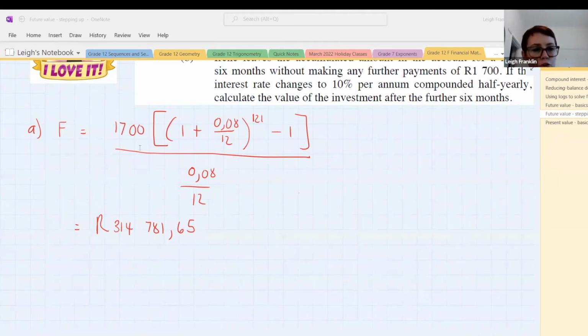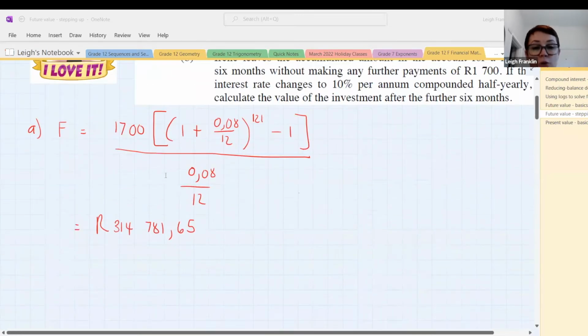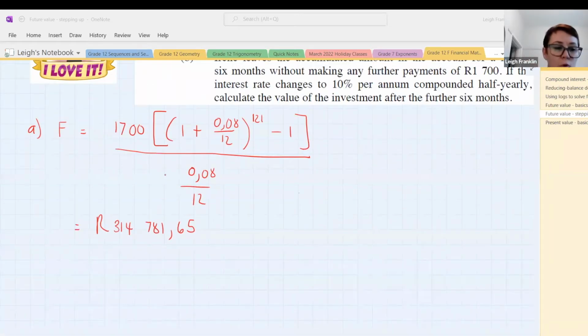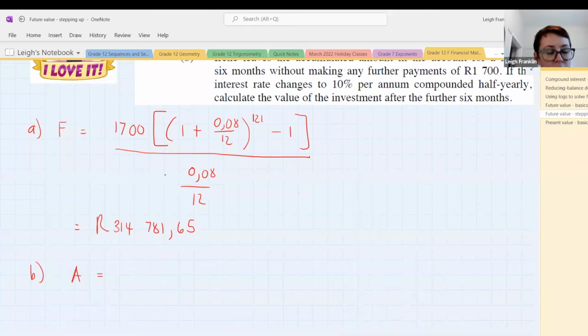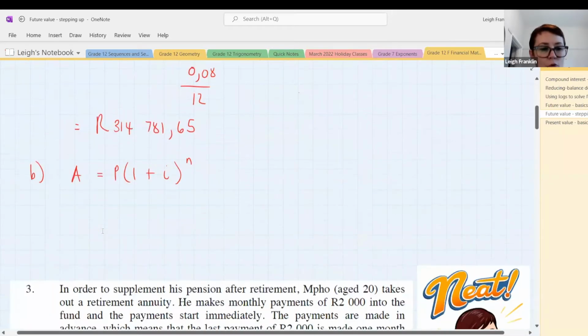Absolutely. So the best and most accurate way for us to answer this question, because of course we've rounded off in part A, is to now take our future value. So A equals, now our future value is going to become our P in the compound interest formula.